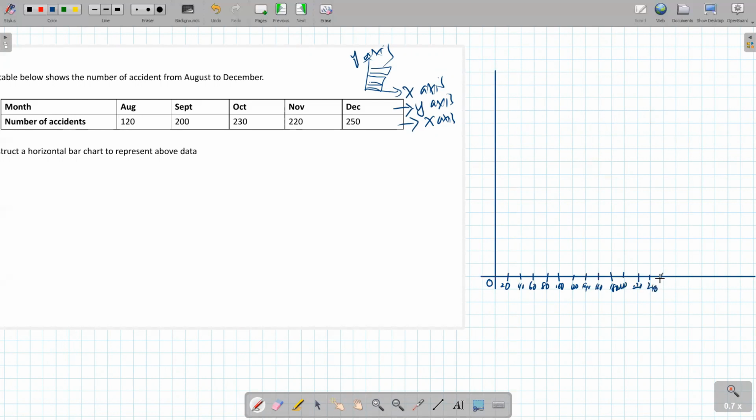We need another one, 260. And for this axis here, this is the number of accidents.